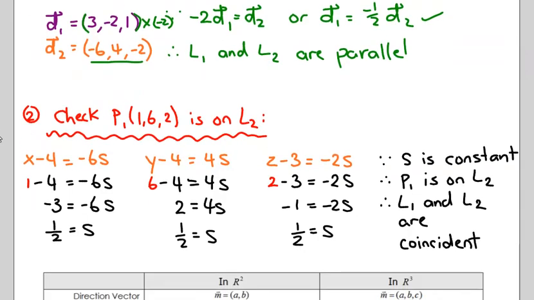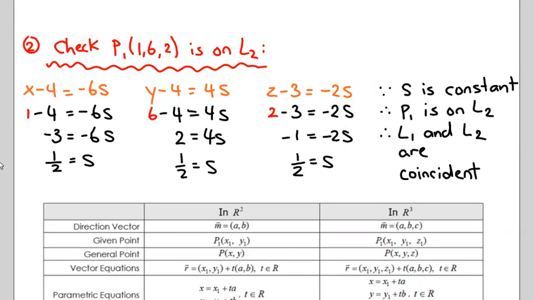So I'm going to check that that point is on line 2, and I'm going to sub in 1, 6, and 2 into the equation of line 2. I'm going to check their parameters, and it looks like all the parameters match, which means that the point is on line 2, and that means that both lines are coincident.